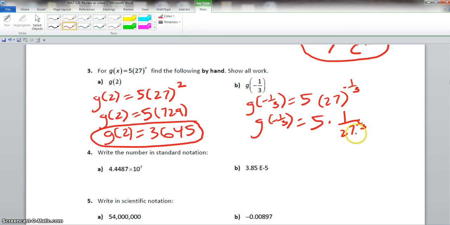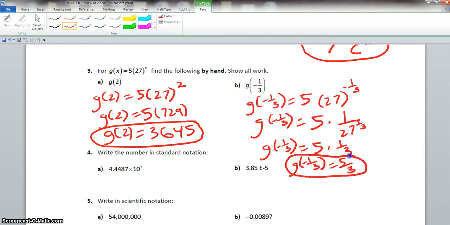Now when we take 27 to the 1/3 power, that will give us 3. So we have g of negative 1/3 is equal to 5 times 1/3. So this would be g of negative 1/3 is equal to 5/3. And that will be your final answer for B.